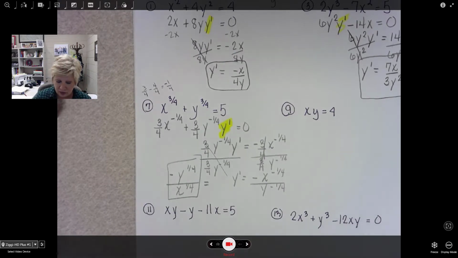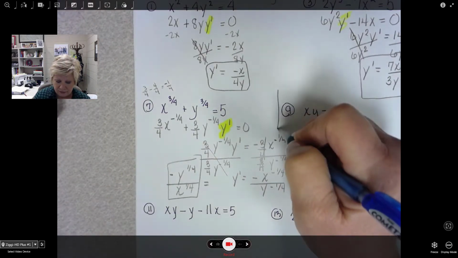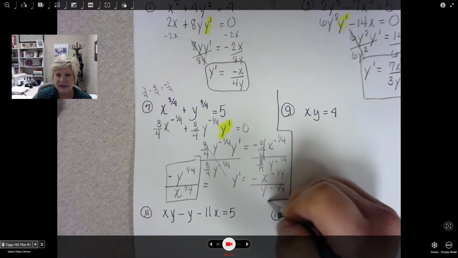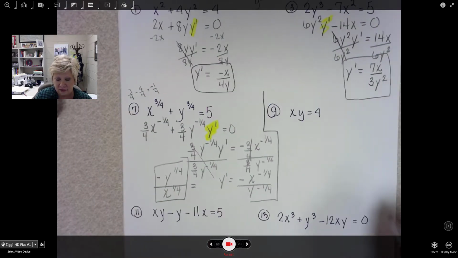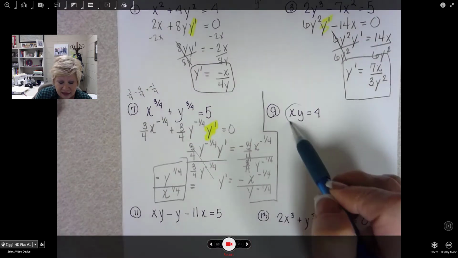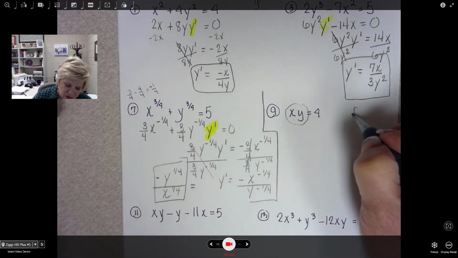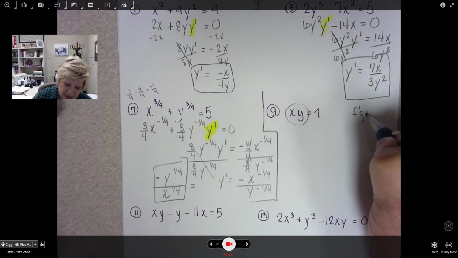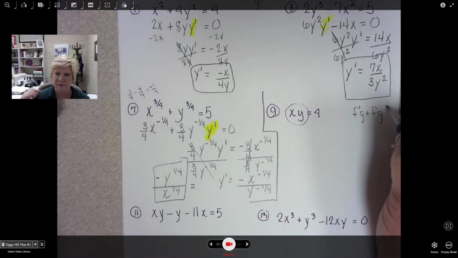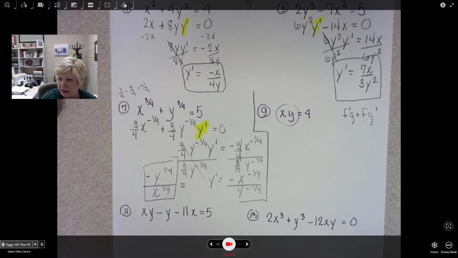So this one, number 9. This is classic product rule. When we have a product of two different terms, f prime g plus f g prime, I always do it to the side.